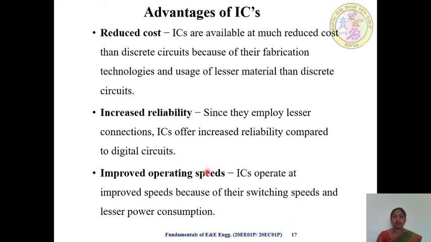Increased reliability. Since they employ fewer connections, ICs offer increased reliability compared to discrete circuits. Improved operating speeds. ICs operate at improved speeds because of their switching speeds and less power consumption.